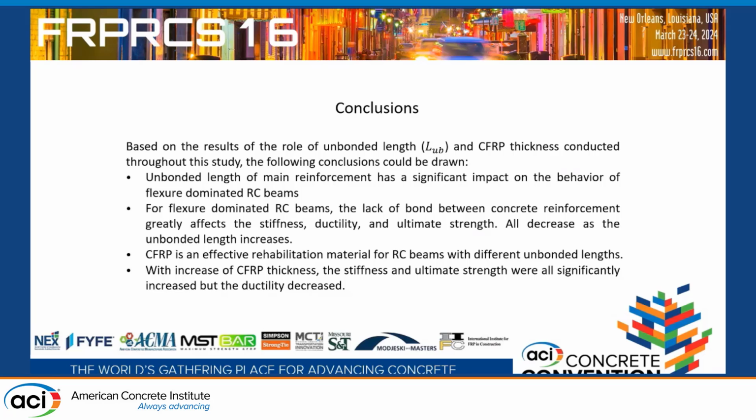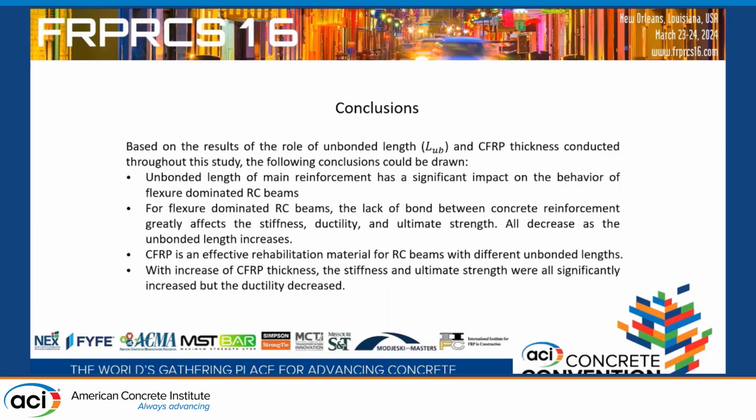So the conclusion: based on the results of the role of unbonded lines and CFRP thickness conducted throughout this study, the following conclusions could be drawn. Unbonded lines of main reinforcement have a significant impact on the behavior of flexural dominated RC beams.